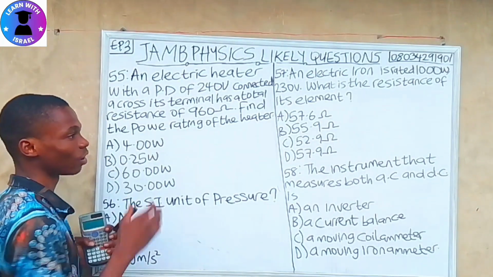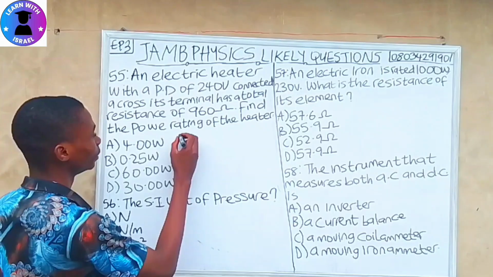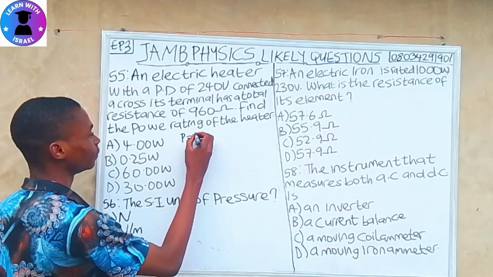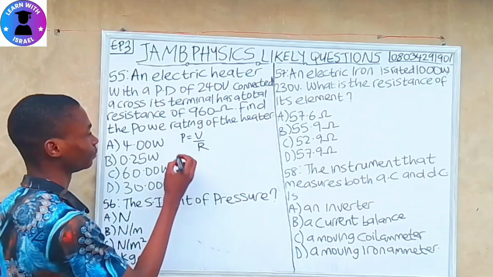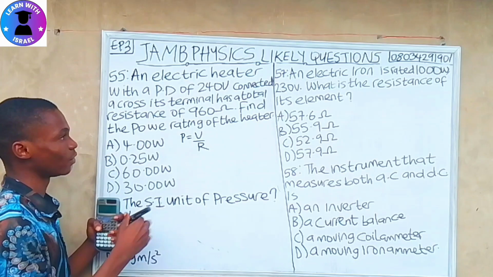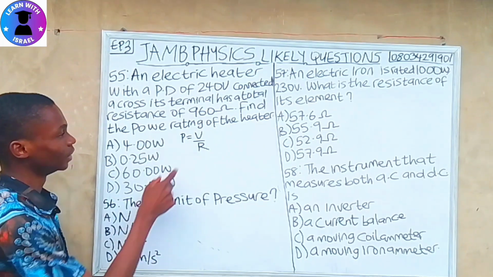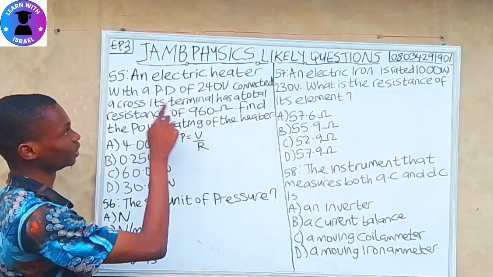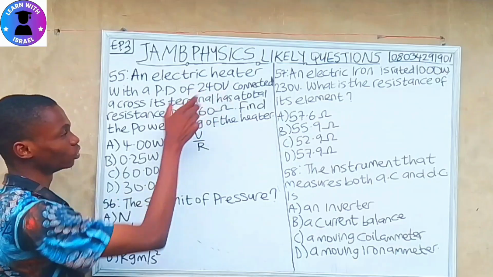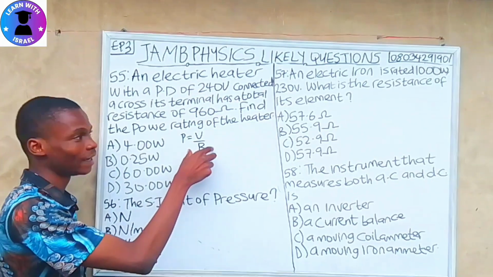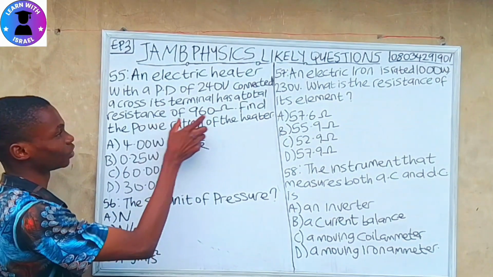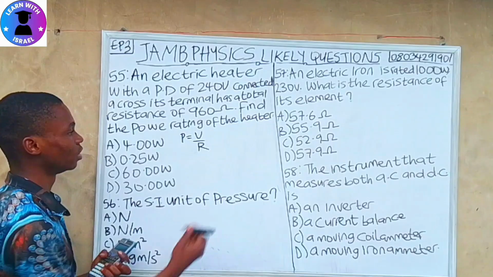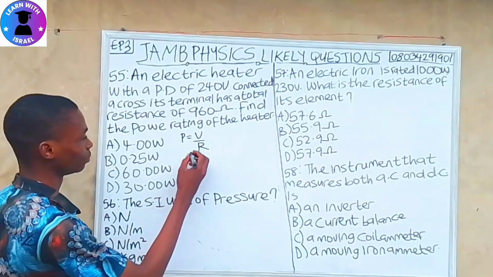The formula to solve this kind of question is P equals V squared over R. P represents our power, which we have to find. V represents voltage, the potential difference of 240 volts. R is the total resistance of 960 ohms. So let's input our values.